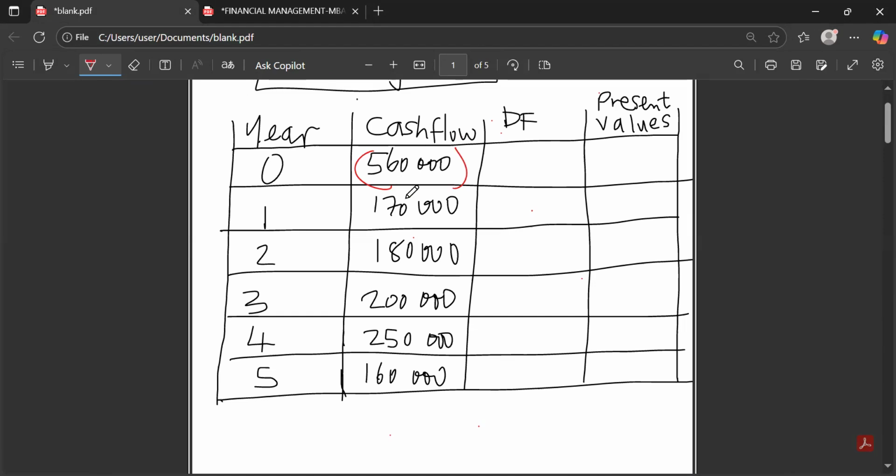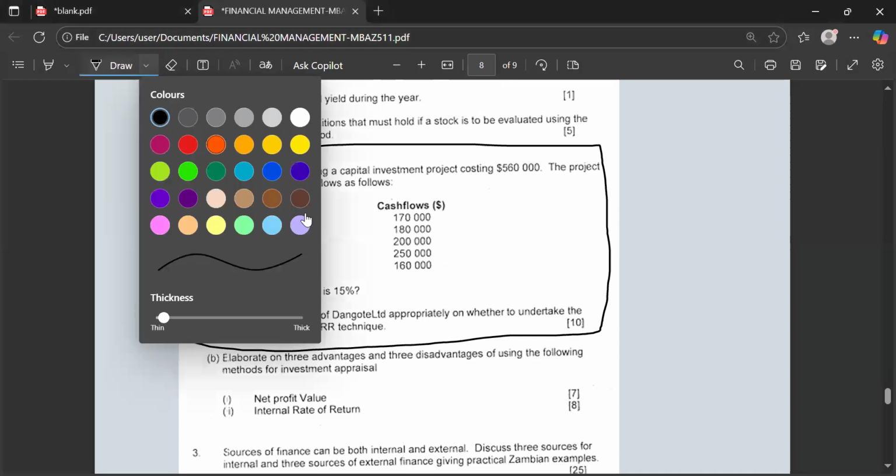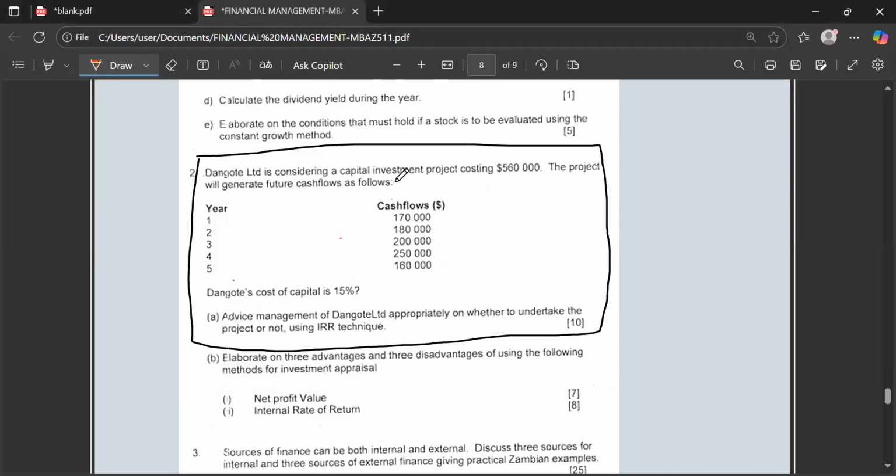So now, as we go to the question here, Dangote is considering a capital investment project costing 560,000.